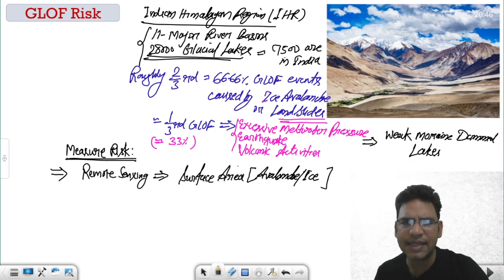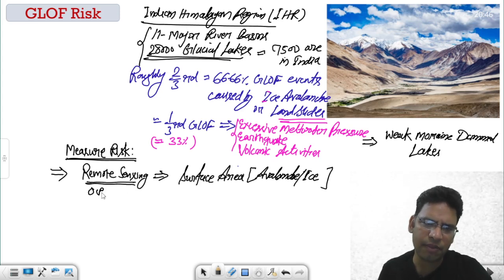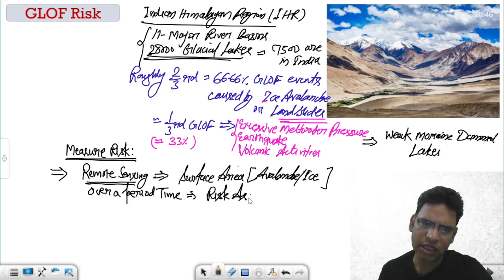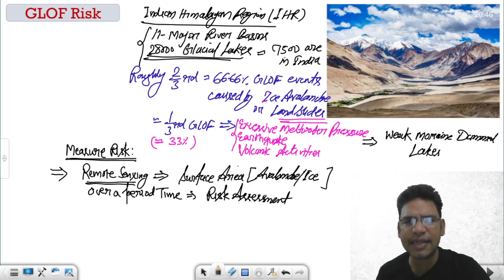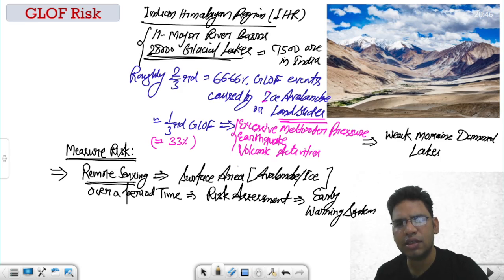And therefore this risk assessment, over a long period of time, you can make a risk assessment, right? What can you do? You can assess risk. Risk assessment can be done, and after this risk assessment is done, we can develop an early warning system. This is one way to do this, right?